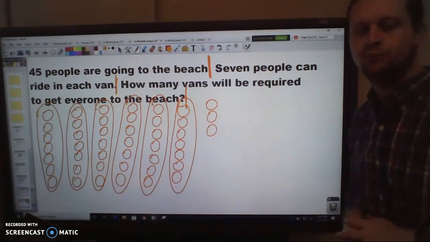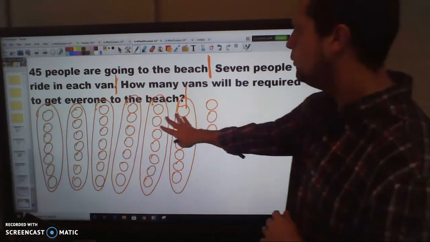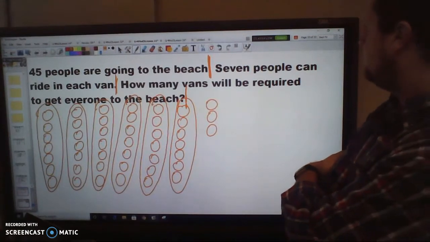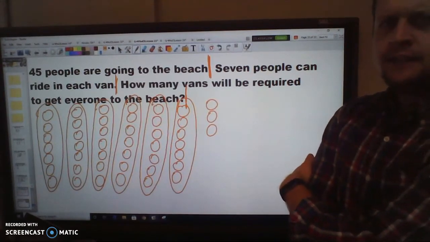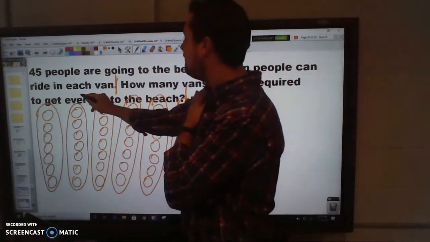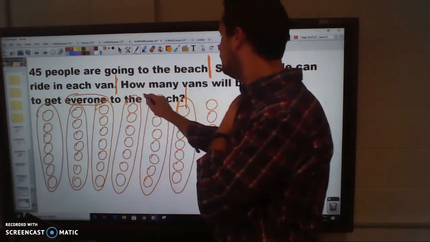Now, remember, these are the people, right? All those circles I just drew were the 45 people. Now, look at what our question's asking us. How many vans will be required to get everyone to the beach?